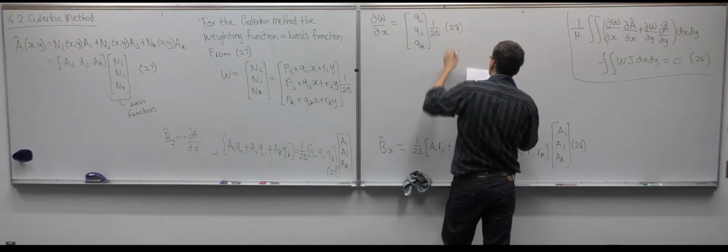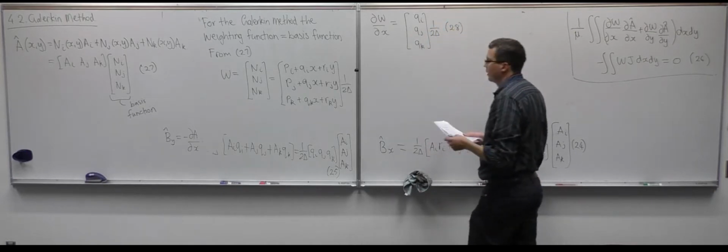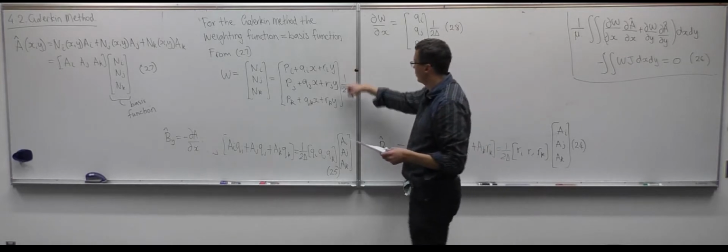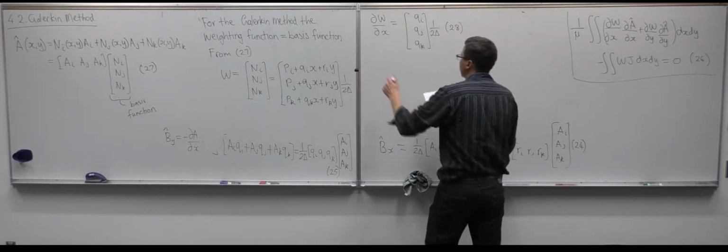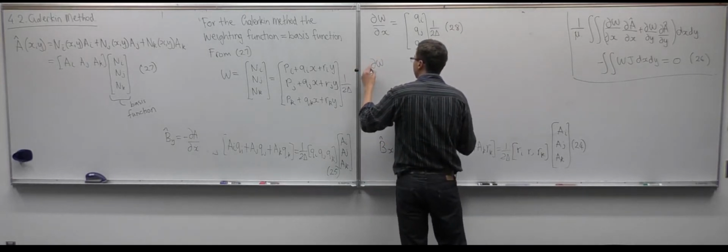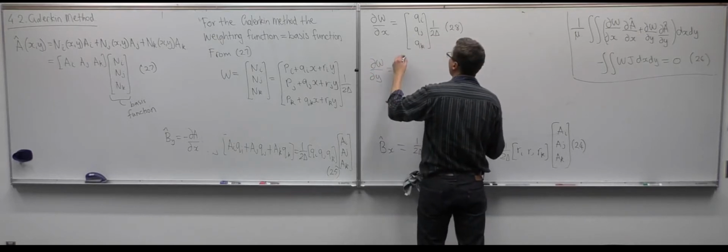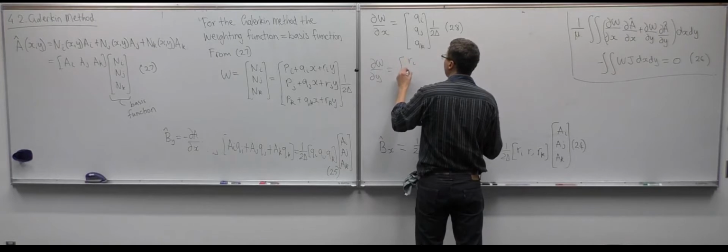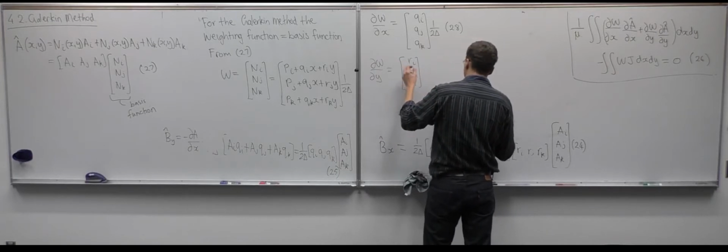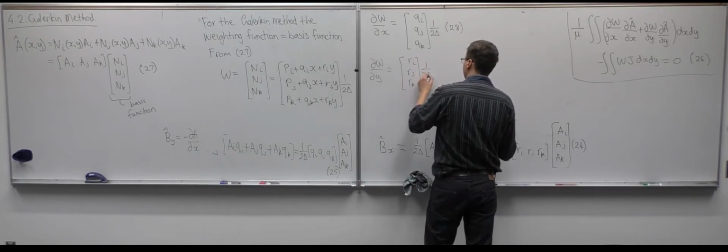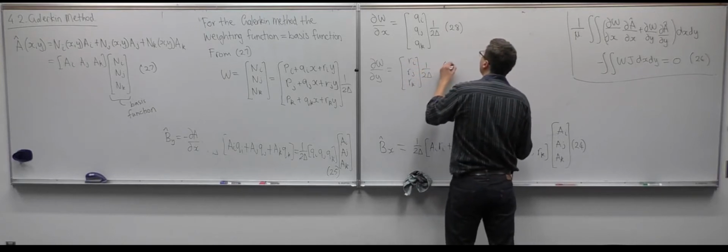That's 28. And then the derivative of the weighting function with respect to y gives Ri, Rj, Rk, and that's 29.